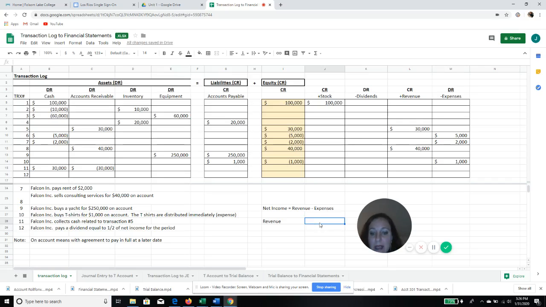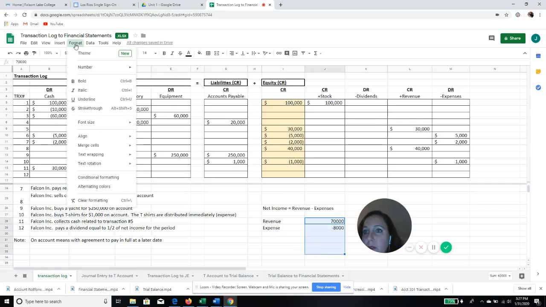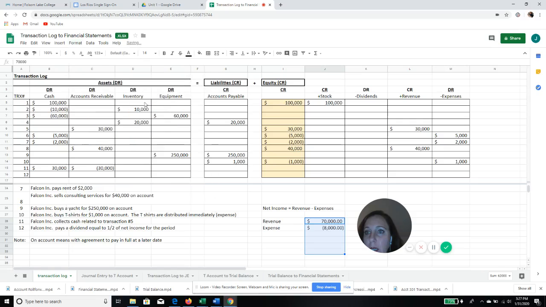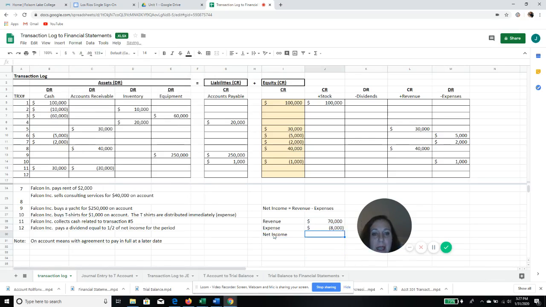That's going to be 70,000. My expenses, 5,000 plus 2,000 is 7,000, plus 1,000 is 8,000. So minus 8,000. All right, so our net income is going to be 70,000 minus 8,000, or 62,000.